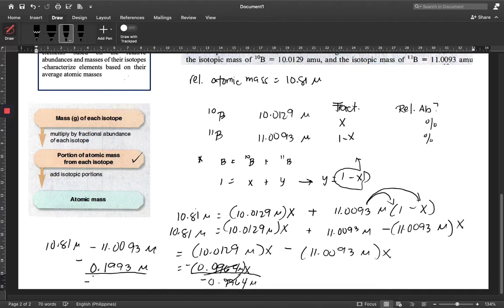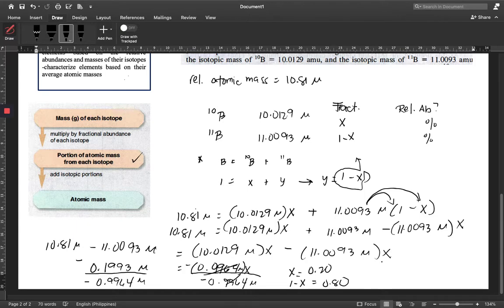And we end up with our value for x, which is 0.20 something, 0.2 or so. Therefore, the value for 1 minus x is 0.80. That just means it's 1 minus 0.20.